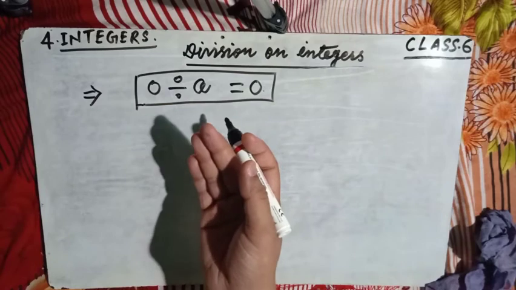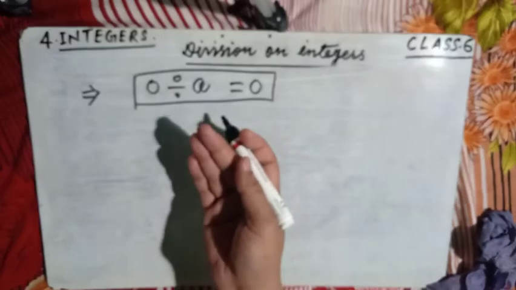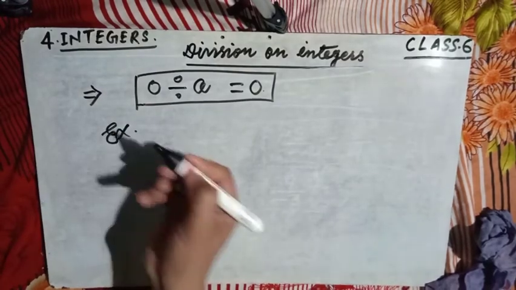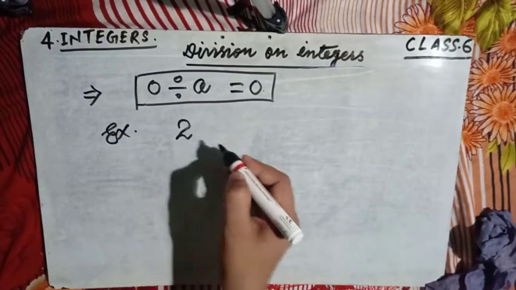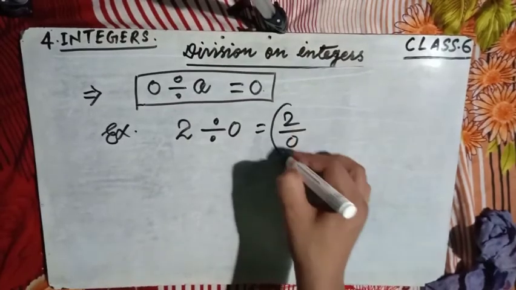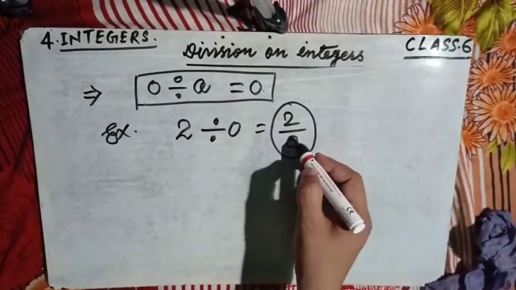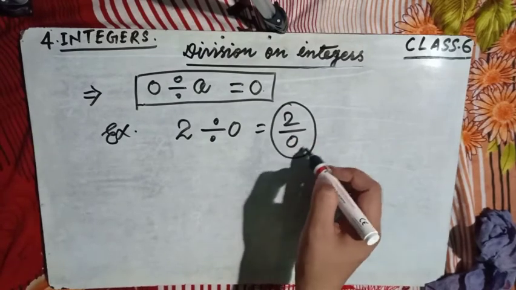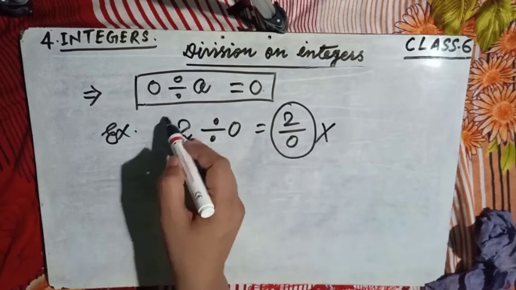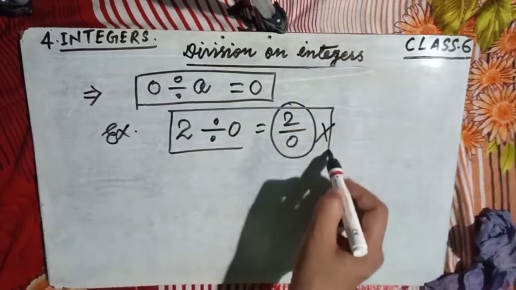That means we cannot divide any integer by 0. As an example, suppose 2 is divided by 0, that means 2 by 0. So this is illegal. This is infinity. This is indeterminate. This is incorrect. I hope you will understand.